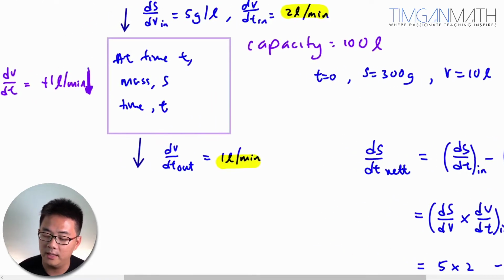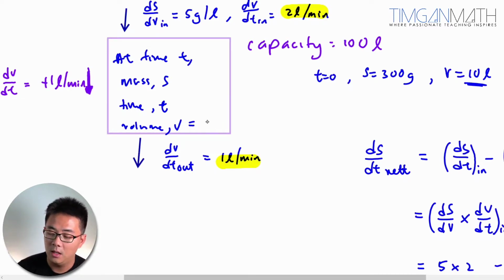Now you realize that the volume is a bit tricky. Volume V is actually just 10, because initially there's 10 liters, right? At every unit time, you're adding 1 liter per minute, right? So at time t equals 1 minute, you expect the volume to be 10 plus 1.